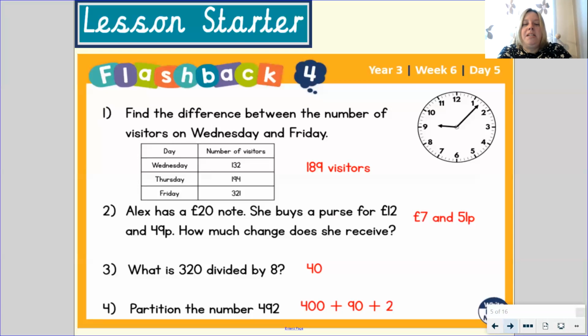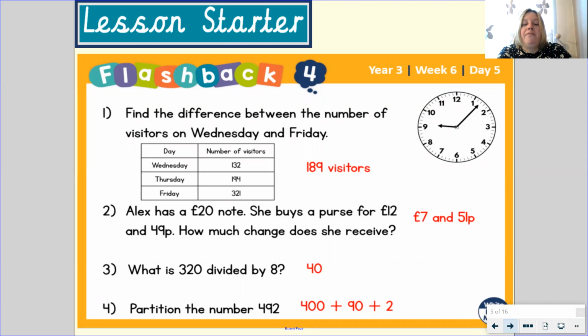Question number 2. Alex has a £20 note. She buys a purse for £12.49. How much change does she receive? She would get £7.51 in change. Question number 3. What is 320 divided by 8? The answer is 40.